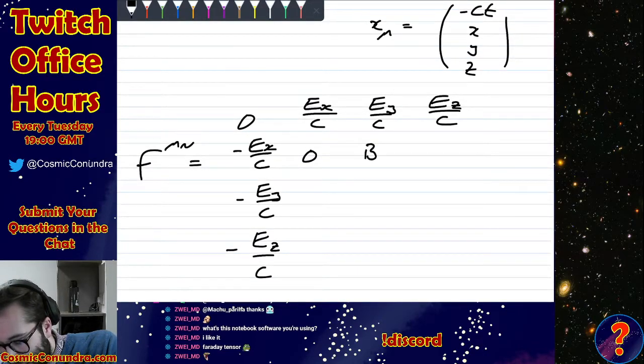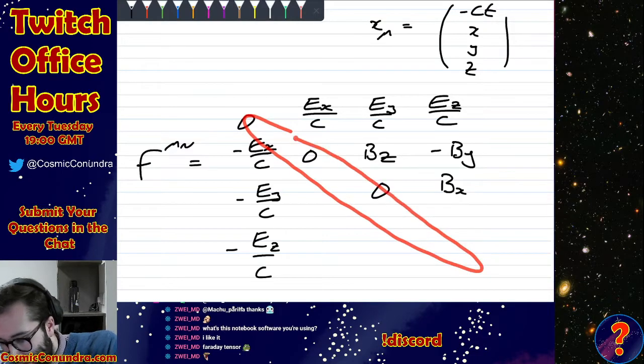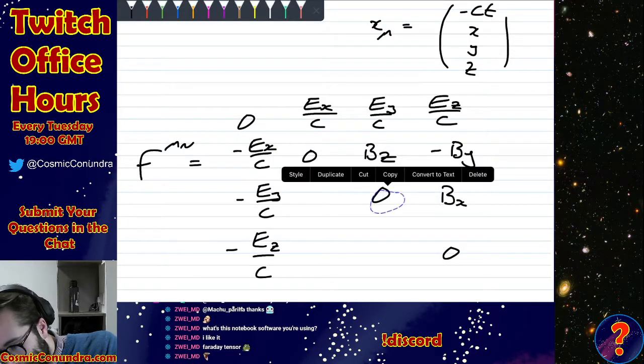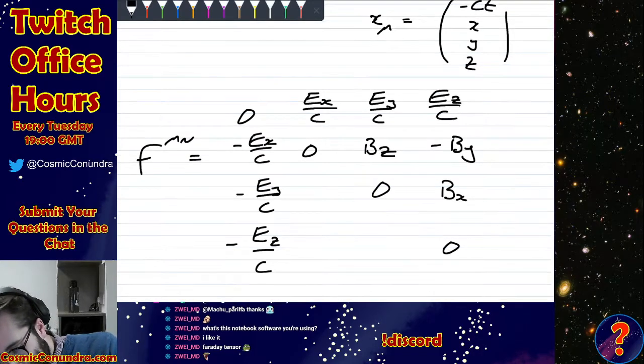And then you'll find the magnetic field components appear like this, with a 0 here. And then reflected along the diagonal, again, they'll be negative what they are on the other part. So, let me space out a little bit, so it's clear which bits are in which column and row.